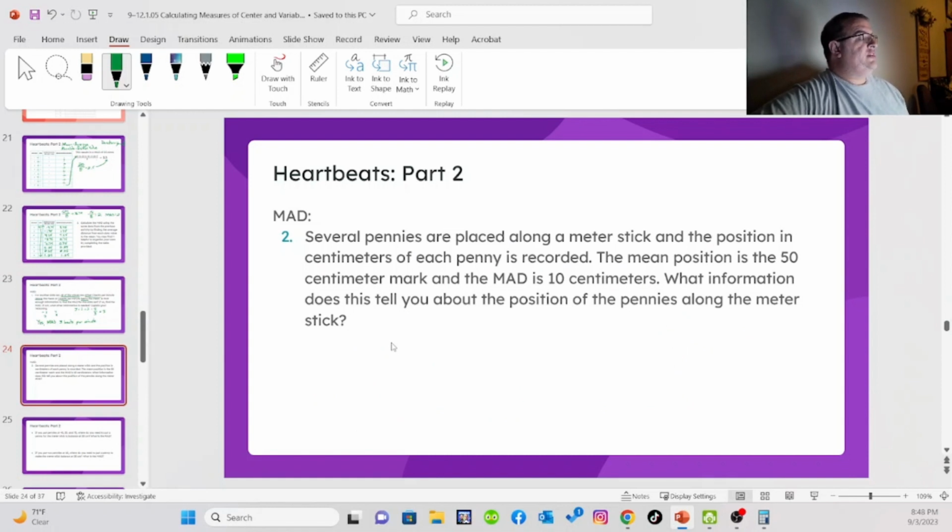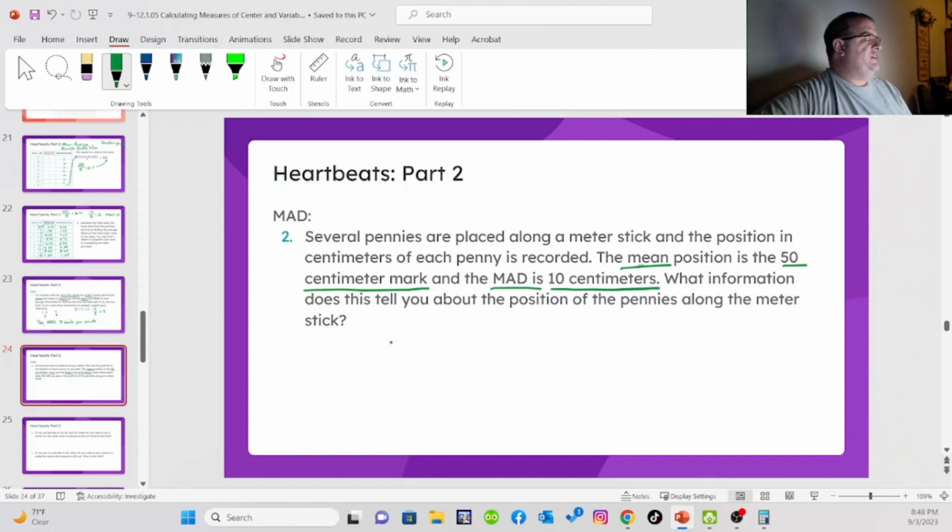Question 2. Several pennies are placed along a meter stick, and the position in centimeters of each penny is recorded. The mean is the 50 centimeter mark, and the mean absolute deviation is 10 centimeters.